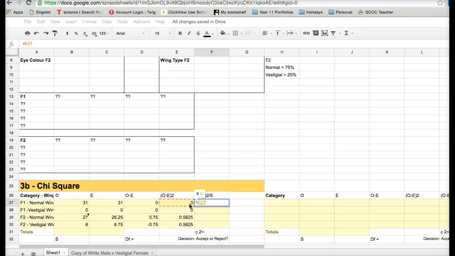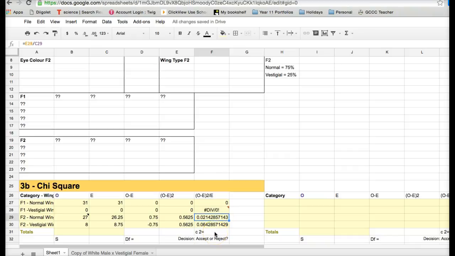So go the slash, the one that has the question mark on it, is your divide sign, and then click on the expected column that you want to divide it by, and then go equals 0 again, because 0 divided by 31 is going to be 0 in this case, but that's not going to be the same for all of these. 0 divided by 0 is actually going to be an impossible number. We might just have to say 0 there, and to keep on going down, copy it down again. There are your last two numbers there.